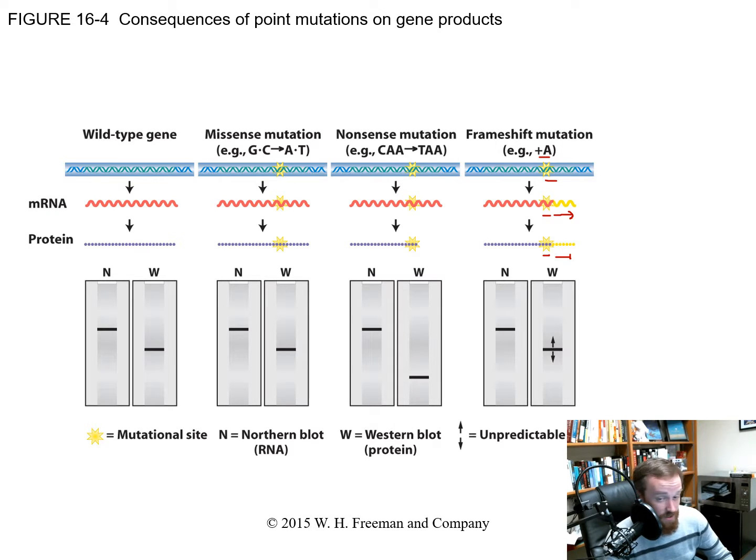And so if we were to put these on gels, we would see that in the case of the mRNA, we have really not a detectable change. It's really, really hard to see a single base pair difference in mRNA on a gel. You'd need a tremendously long gel to decipher the difference between, say, 250 and 251 bases.